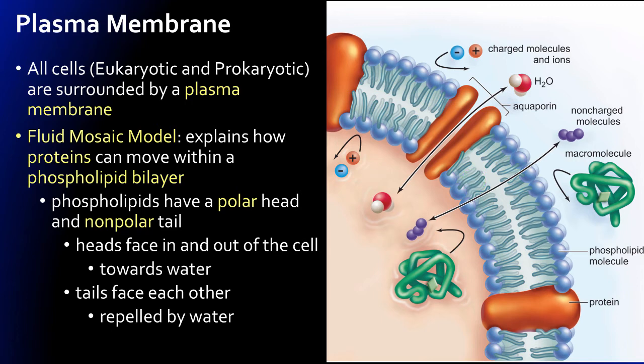Now, this idea that these tails are hydrophobic is also going to give us one of our basic properties. As you can see in this picture, some things are moving through the phospholipid bilayer, and others have to move through protein channels. Okay, so basically, polar items are going to need a protein channel to get through, and non-charged or non-polar molecules may be able to move through the phospholipid bilayer.